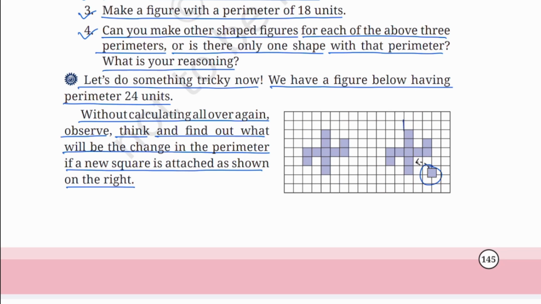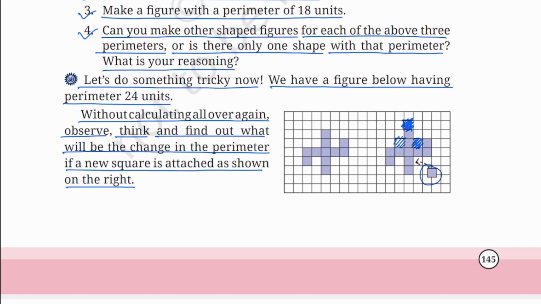It will depend. If the square is added here, the perimeter will increase by 2 units. If it is added here, the perimeter will decrease by 2 units. Similarly, if the square is added here, there will be no increase or decrease in the perimeter.